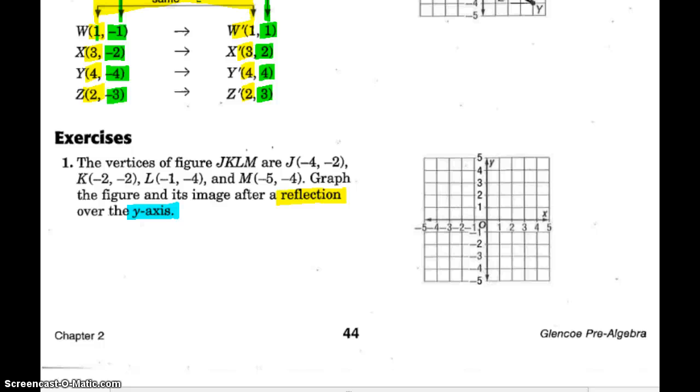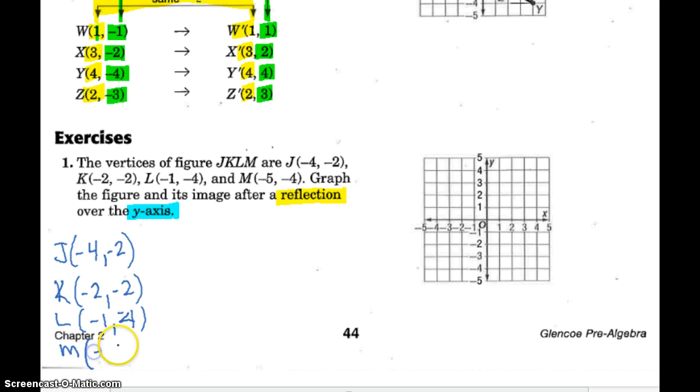So the first thing I'm going to do is write down J, do this with me, K, L, and M. And we are reflecting, so we're going to have some prime, J prime, K prime. We're tweaking it.